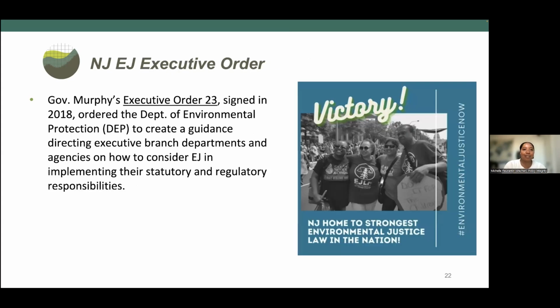So let's start with New Jersey's EJ executive order. So in 2018, Governor Murphy signed Executive Order 23, which ordered the Department of Environmental Protection, also known as DEP, to create a guidance directing executive branch departments and agencies on how to consider EJ in implementing their statutory and regulatory responsibilities.